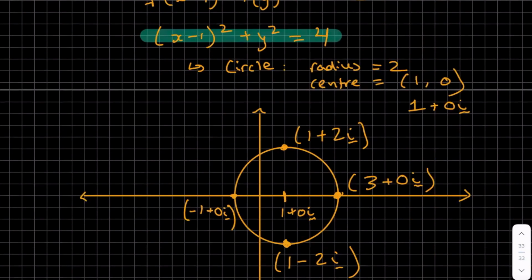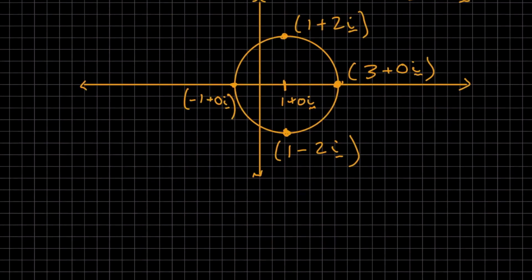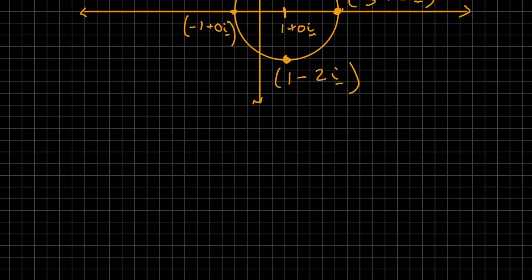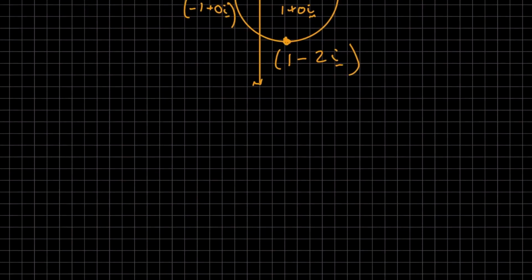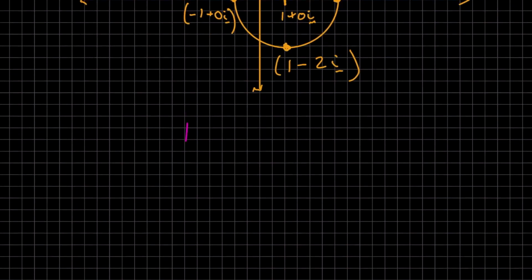Now, just to develop our understanding in regards to this, let's have a look at this equation from a different perspective. So let's use geometry now to figure out how to sketch this subset of the complex plane. So our equation was the modulus of z minus 1 equals 2.